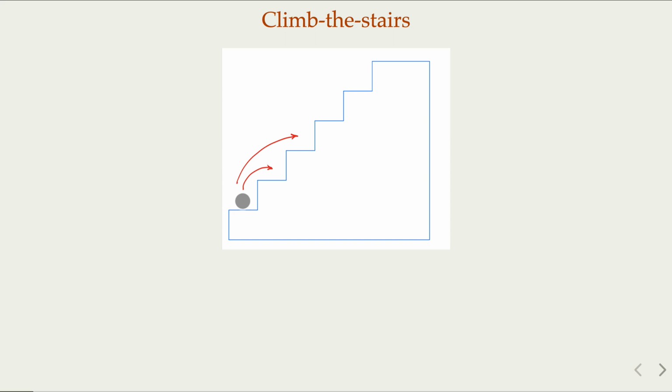Now the recurrence, however, is that in order to reach the nth step, you're going to either come from the previous one or the one before that, right? So n minus 2 and n minus 1. So xn is equal to xn minus 1 plus xn minus 2. That happens to be the Fibonacci sequence. All right. This is a classic example.